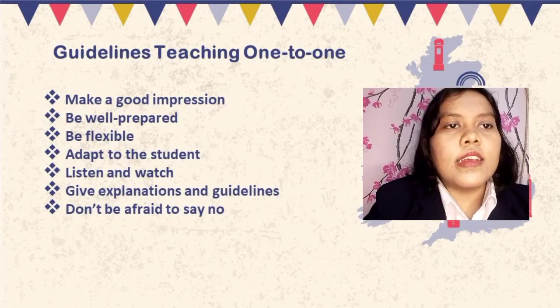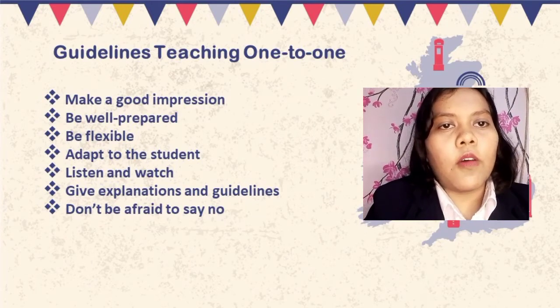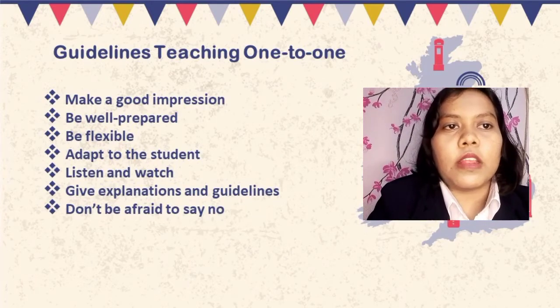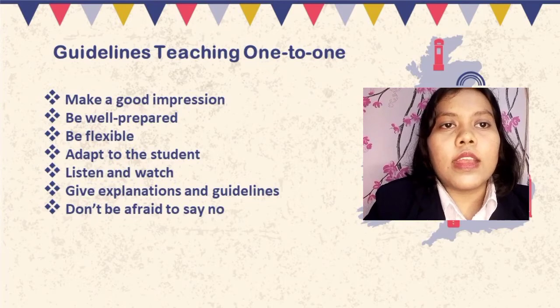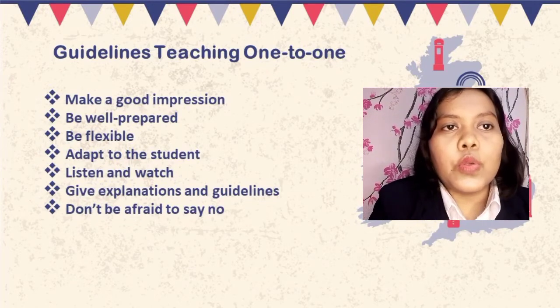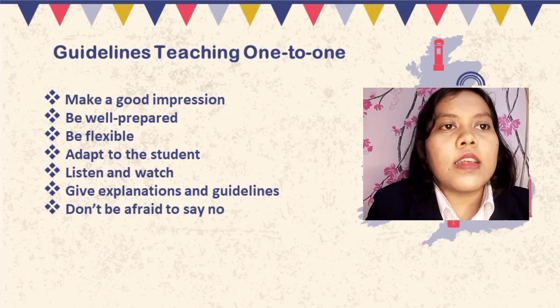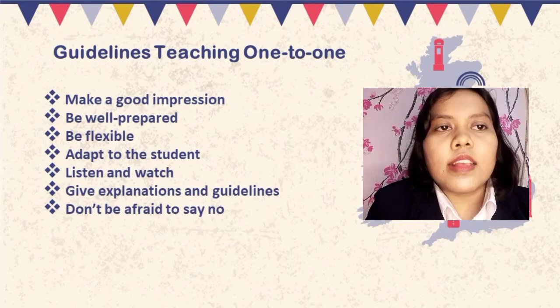Okay, next is adapt to the students. One of the great benefits of one-to-one lessons is that we can adapt what we do to suit particular students' preferences and learning styles. Next is listen and watch.